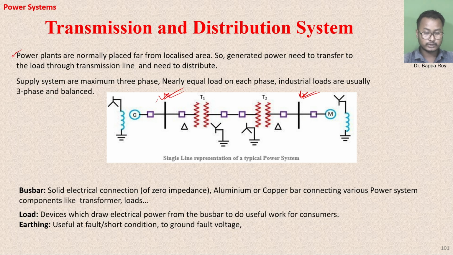And earthing is useful at fault or short conditions, to ground the fault voltage. Without earthing, sometimes you'll see the system will not run properly. You may have seen it at your home, or not, I'm not sure, but I have seen. If the earthing is not properly connected, it will not work properly.